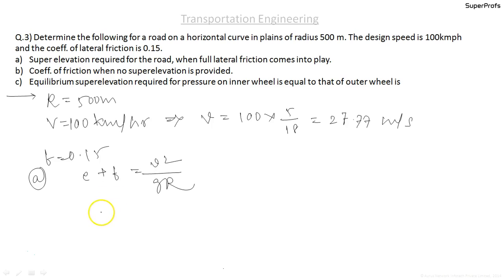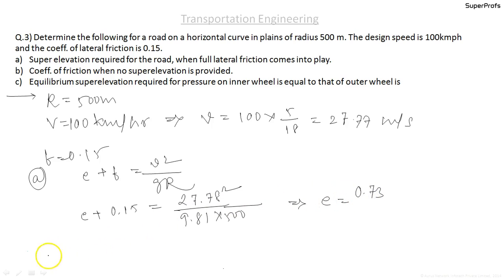As per the question, E plus 0.15 equals 27.78 square upon 9.81 into radius 500. That gives E equal to 0.73 into 10 to the power minus 2, that is 0.73%.